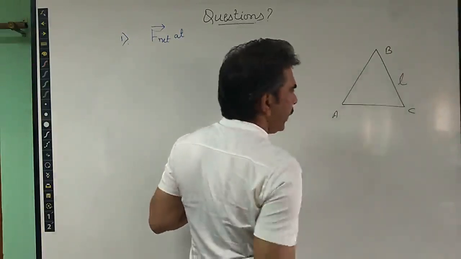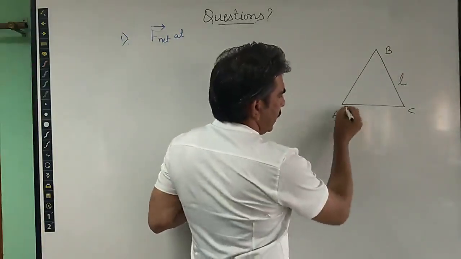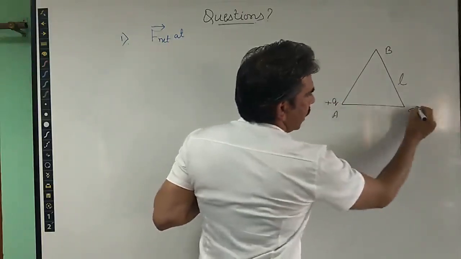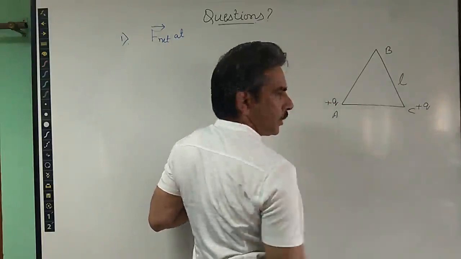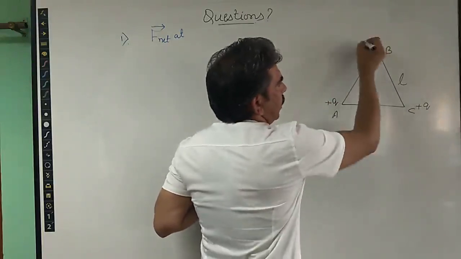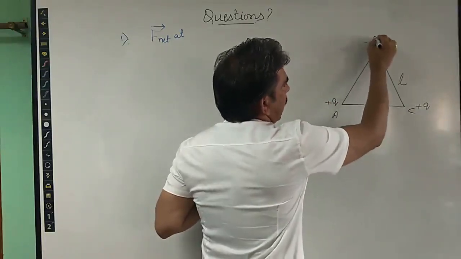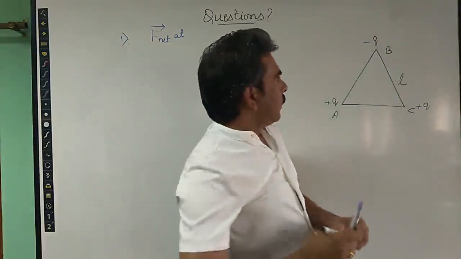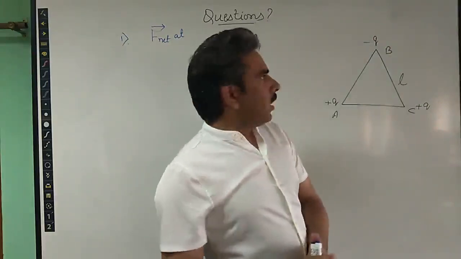Each side is given to be L. So at vertex A, charge Q is placed. At vertex C, charge plus Q is placed, which is of the same magnitude. And at vertex B, a charge minus Q is placed. So the situation is very clear from the diagram.